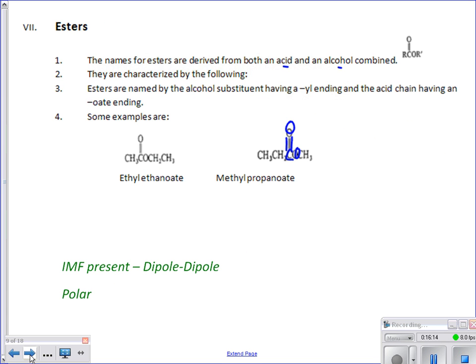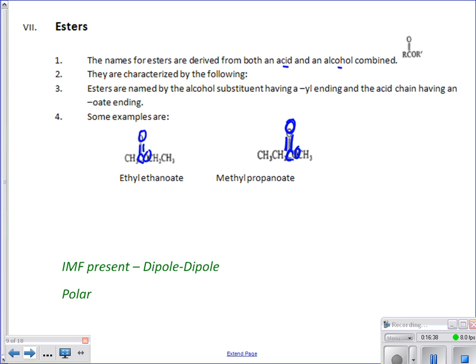But notice it's not on a terminal ending. Instead, it's somewhere in the middle, and you don't have that hydroxyl group. It's just a double bonded oxygen to your carbon with an oxygen next to it. So from your drawing, again, carbon with double bonded oxygen and another oxygen somewhere in the middle, that's how you can identify them.